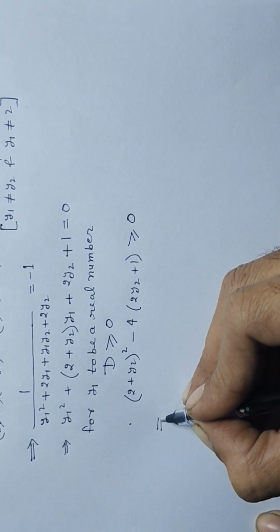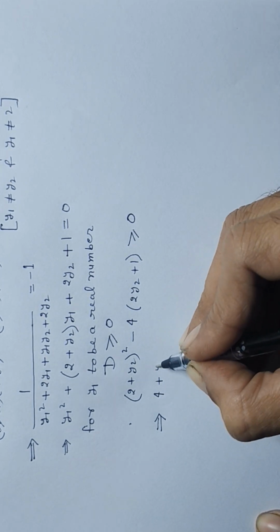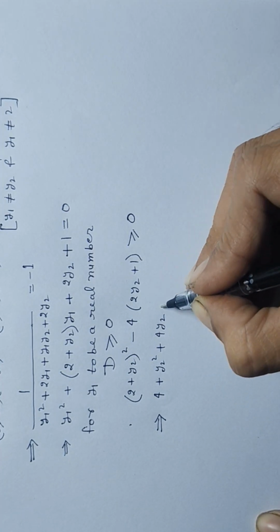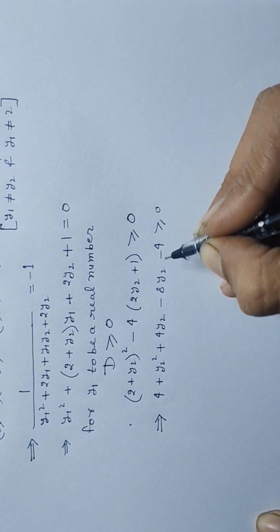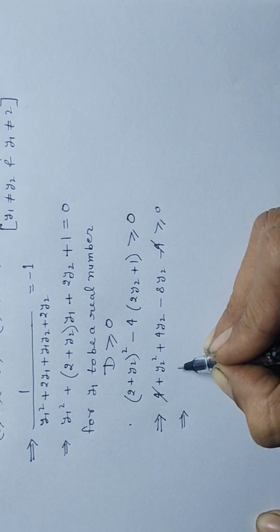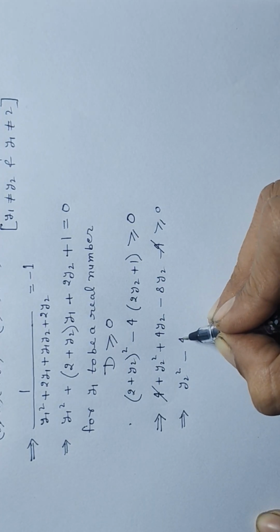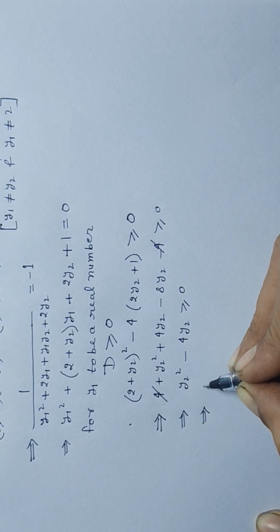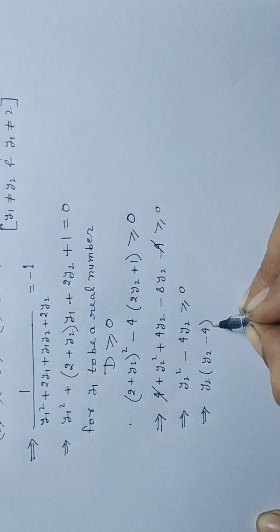And further we solve: 4 plus y2 squared plus 4y2 minus 8y2 minus 4 greater than or equal to 0. Plus 4 and minus 4 cancel out and we get y2 squared minus 4y2 greater than or equal to 0, and here y2 is common, so y2 into (y2 minus 4) is greater than or equal to 0.